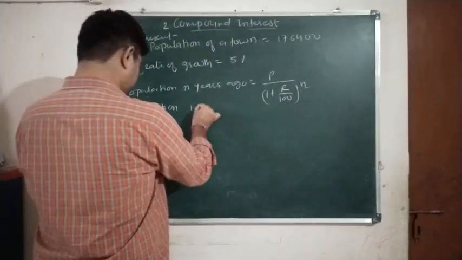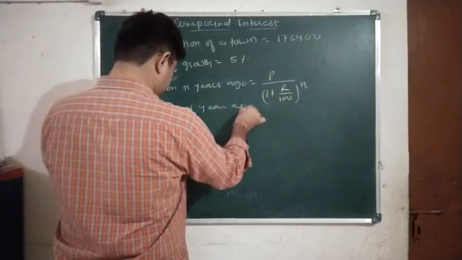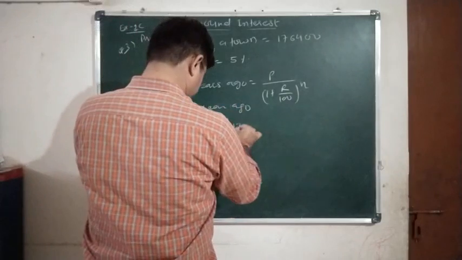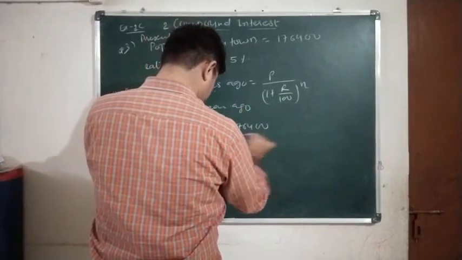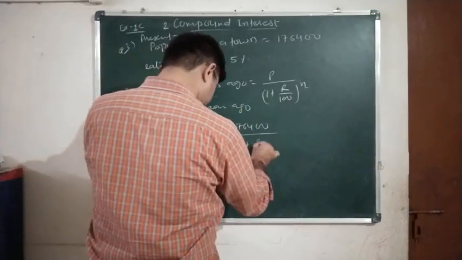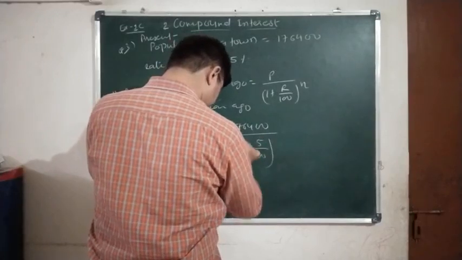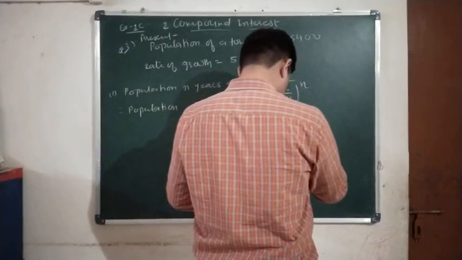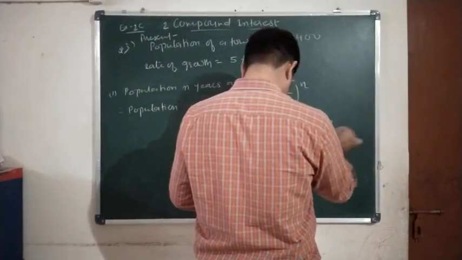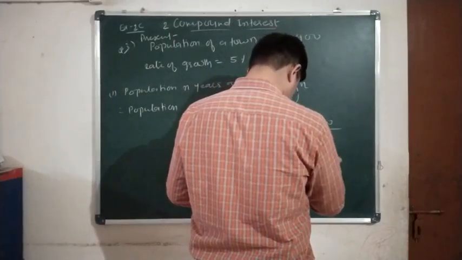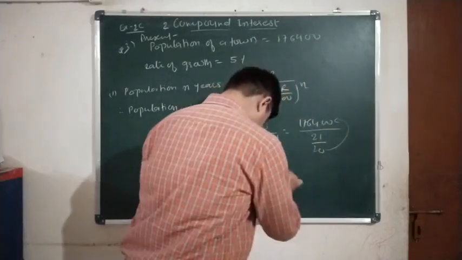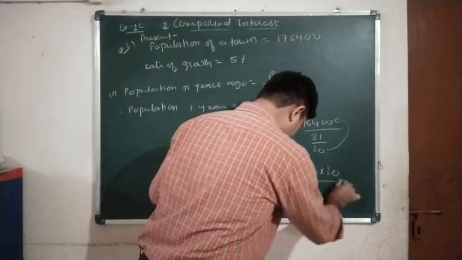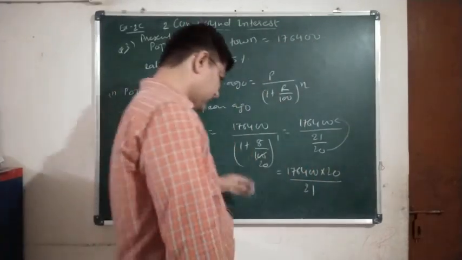So population 1 year ago equals 1,76,400 upon 1 plus 5 upon 100 raised to 1. 5 20s are 100, so 1,76,400 upon 21 upon 20, which is 1,76,400 into 20 upon 21.